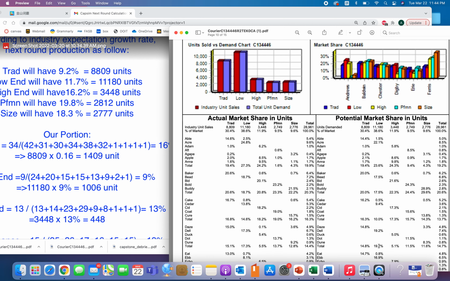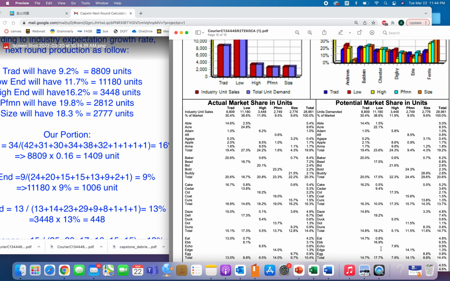We share 17% of the market, so we're going to have about 20,000. So we need to put up 20,000 of it.